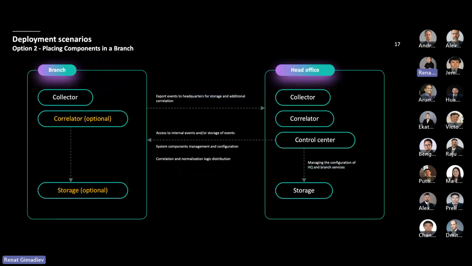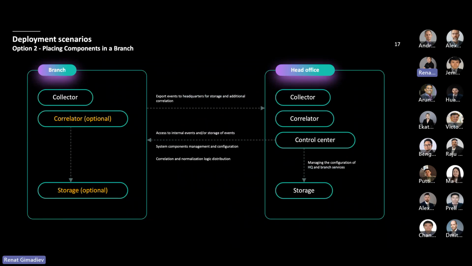And via these components, we will do all the work. So we will collect data, we will normalize the data, we will even aggregate the data from different data sources and send it directly via site-to-site or any other VPN configurations.